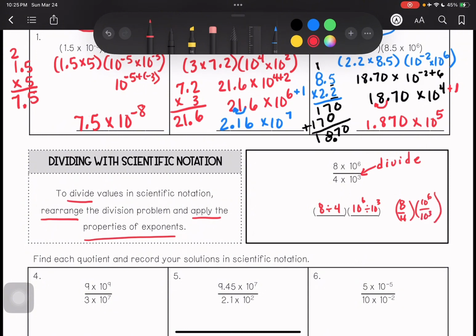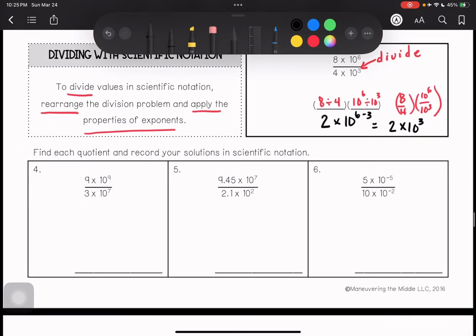Both of them are correct. When I divide 4 into 8, it goes 2 times. When I'm dividing with the same base, I subtract the exponents. So your final answer is 2 times 10 to the 3rd power.